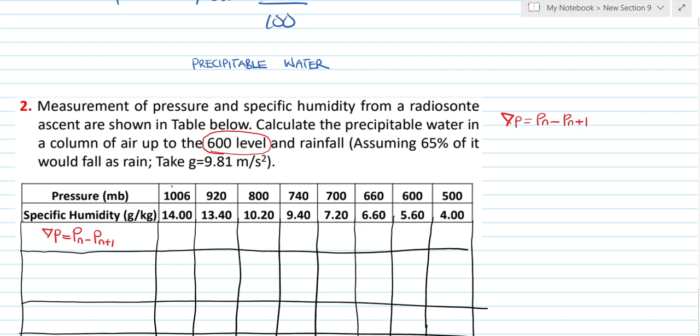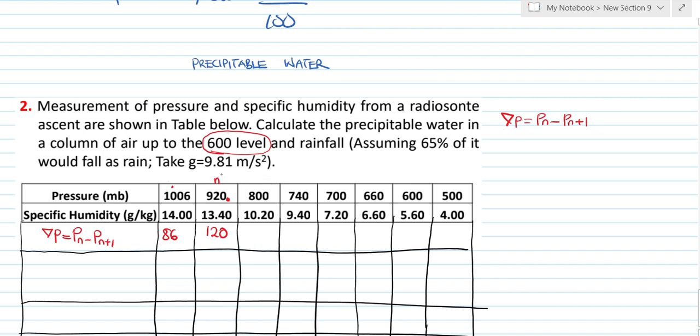When we are standing here, this is our Pn, and this is Pn plus 1. So it's simply 1,006 minus 920, that is 86. When we come here, this now becomes our Pn, and this becomes our Pn plus 1. So this becomes 920 minus 800, and that is 120.